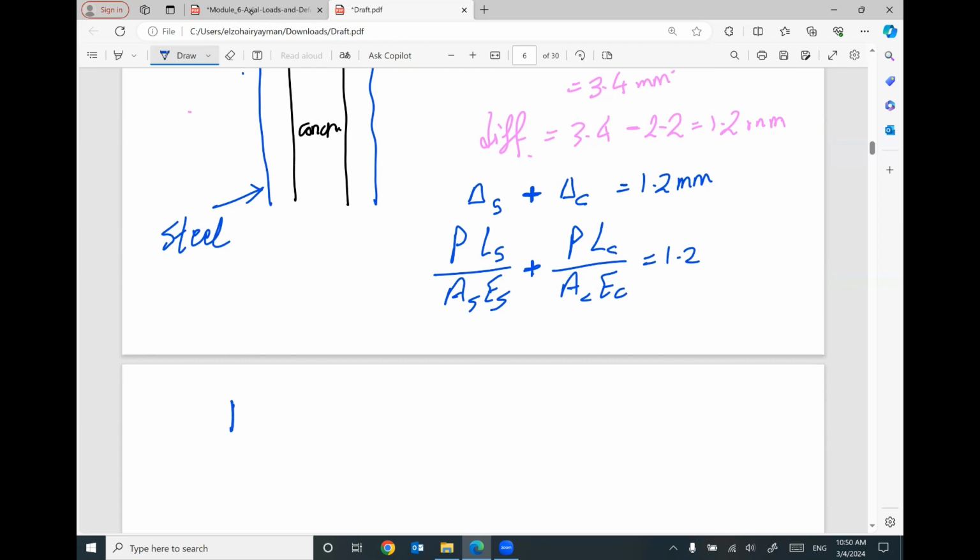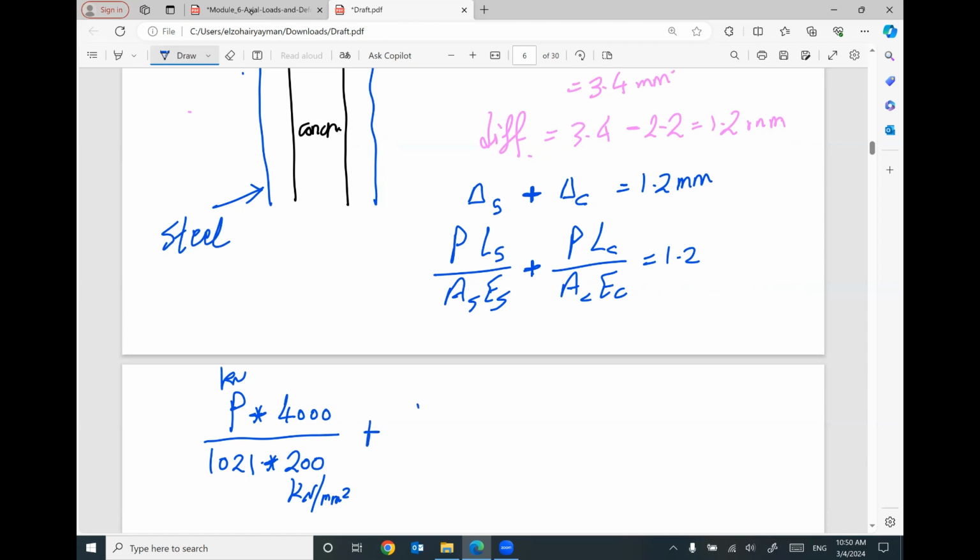I don't know what the applied force is, but I know the length of the steel, 4,000, area of steel, 1,021, E for steel equal 200 gigapascal. This one is in kilonewton, so I will keep this in kilonewton per millimeter square, which is gigapascal.